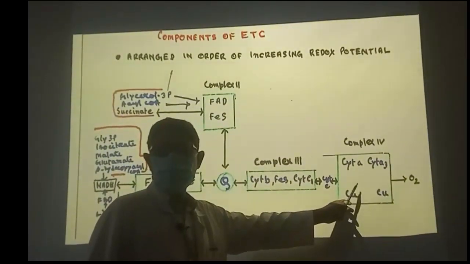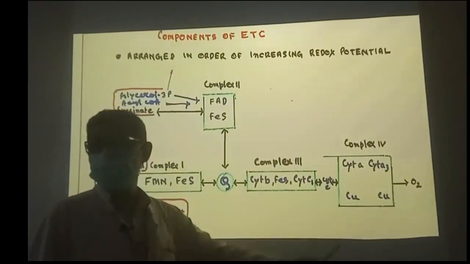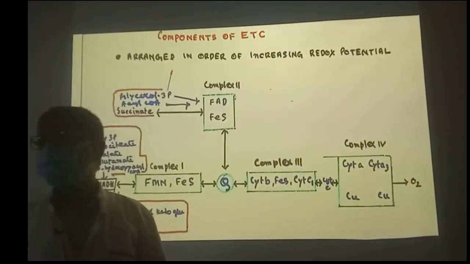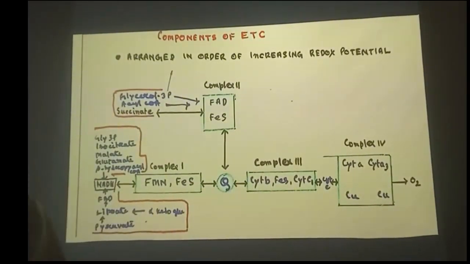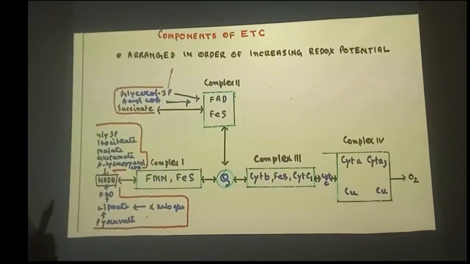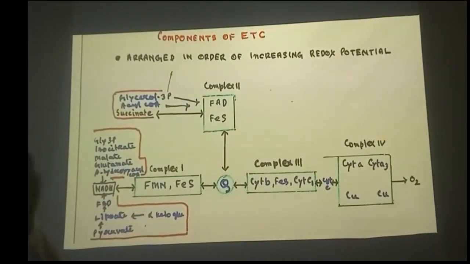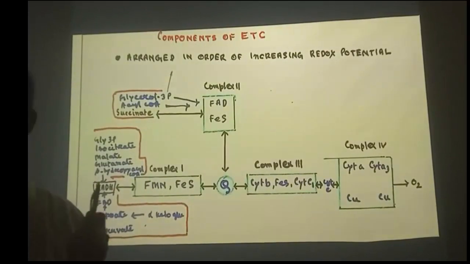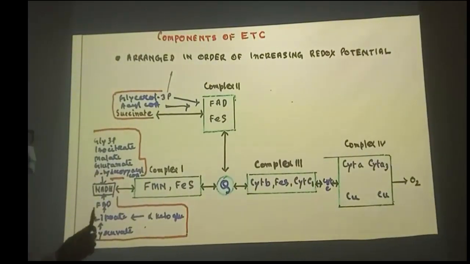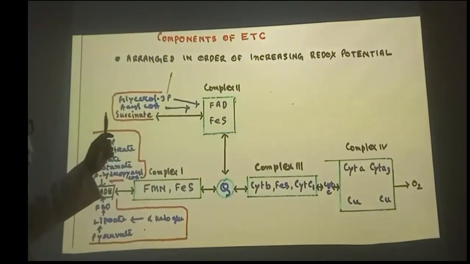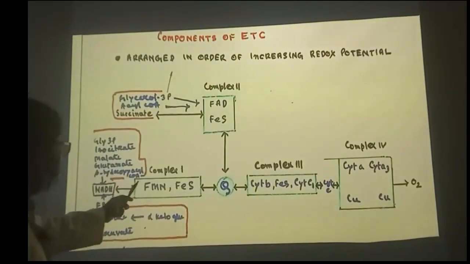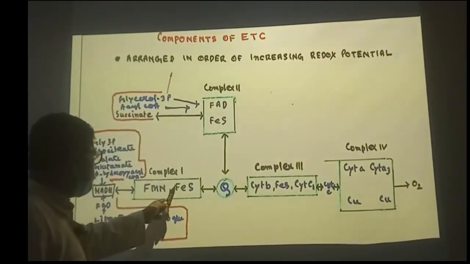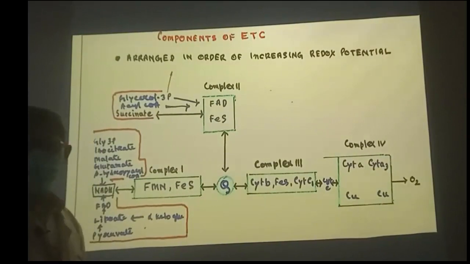Some books have given complex 5 as a component of the electron transport chain. This is wrong. That is the ATP synthase complex, never a part of the electron transport chain. Please correct it.